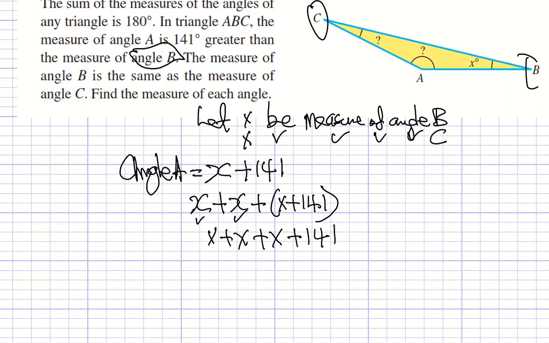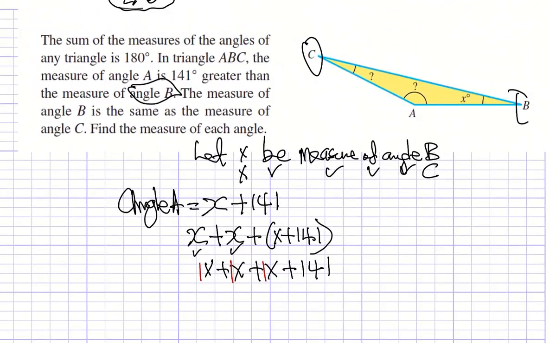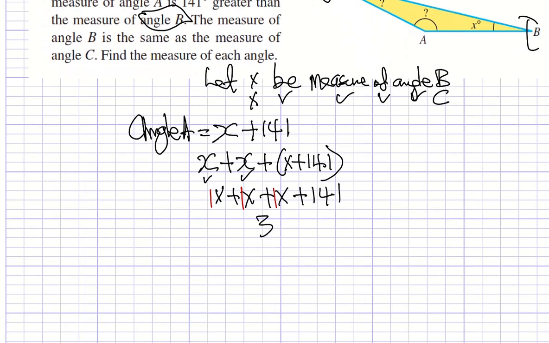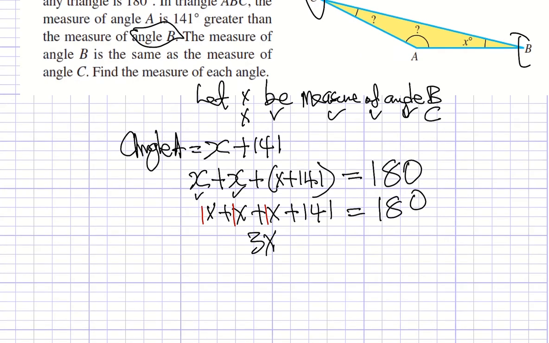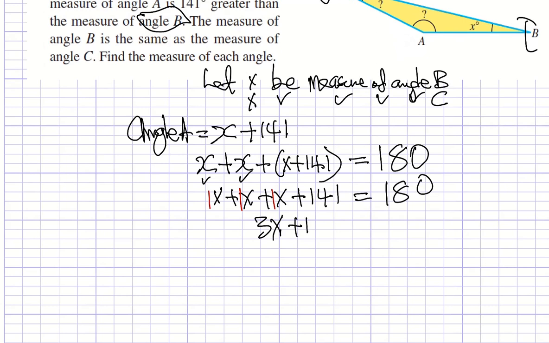Like I told you before, these are 1x, 1x, 1x, so don't get confused there. So it's 3x. Oh, I'm sorry, I didn't equate. I have to equate this to 180. You don't want to make a mistake. So 3x plus 141 is equal to 180.